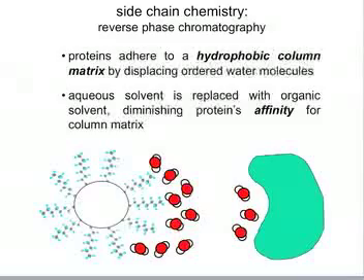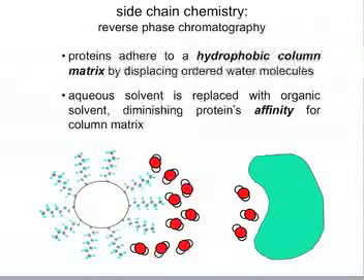And then as we replace the aqueous solvent with an organic phase, for example acetonitrile, then we eventually displace the protein based on this diminution of the protein's affinity for the column matrix. So as the mobile phase becomes more nonpolar, the protein can then pop off of the matrix and flow out.